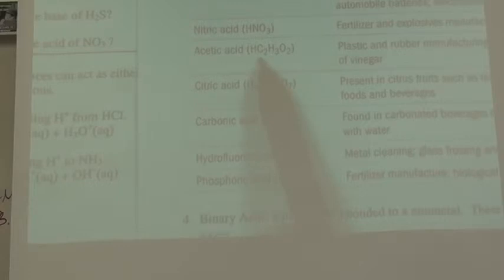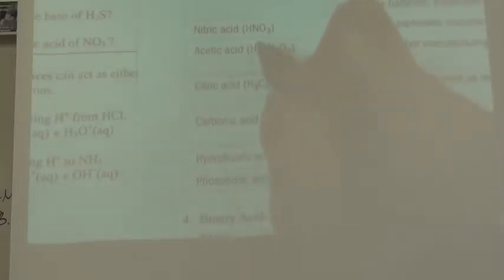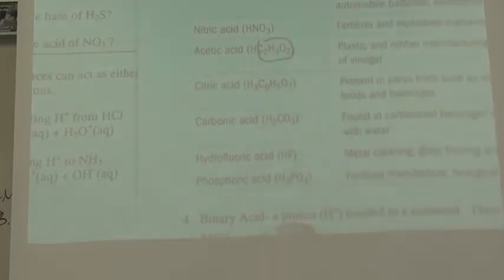Acetic acid has one labile proton and 3 non-labile protons. Do you see the difference? It can lose this one, but not that one. Why? This is the polyatomic ion.